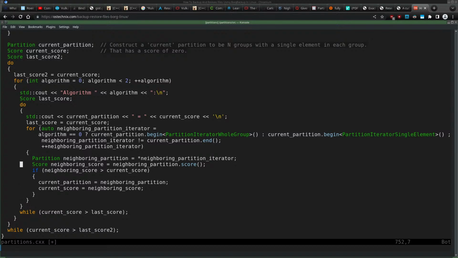So in the case of having only two algorithms, yeah, so the last score 2 is a wrong approach.